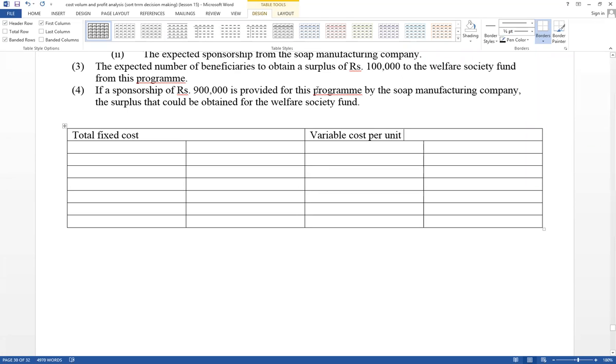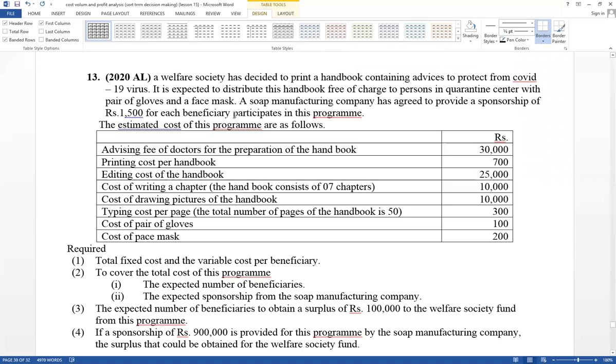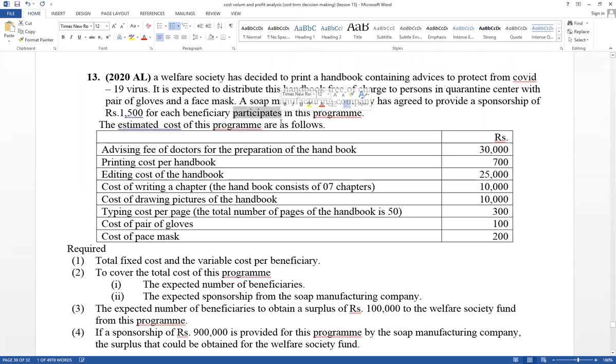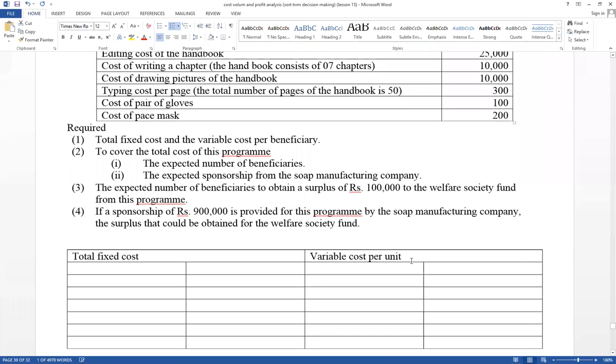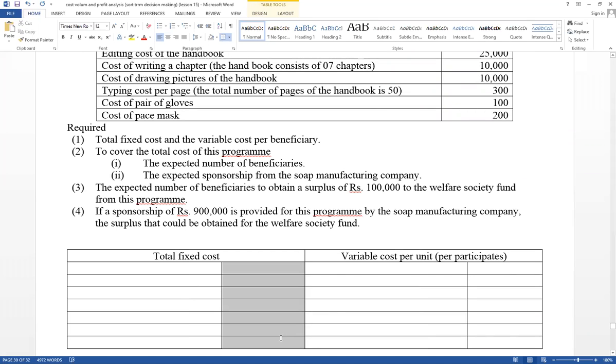In this example, per participant. Per unit equals, in this example, per participant. If it is a fixed cost, total value should be calculated. If it is variable, you have to calculate per participant. Then take the values.